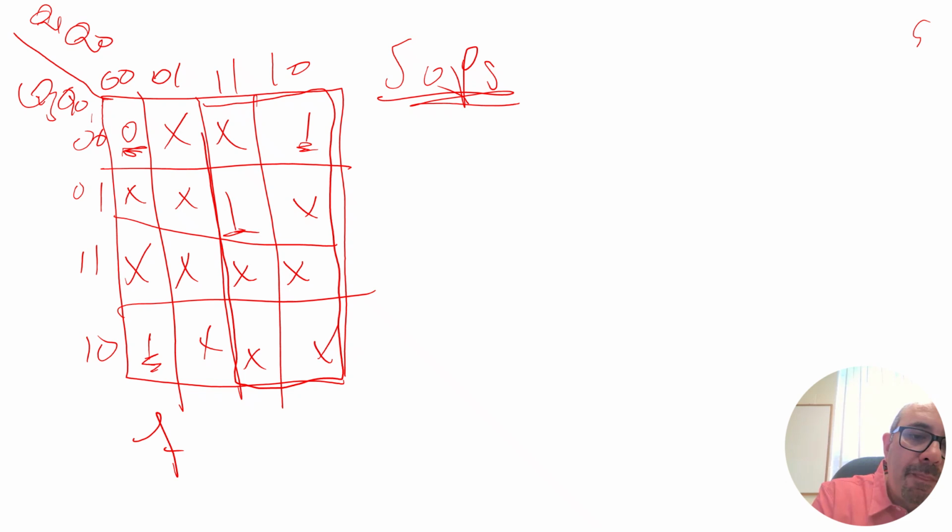If this is f, this will give me the first term in the equation, and it is Q1, which is 1 here. All the others are changing. Q0 is changing from 1 to 0, and Q3 is changing here.